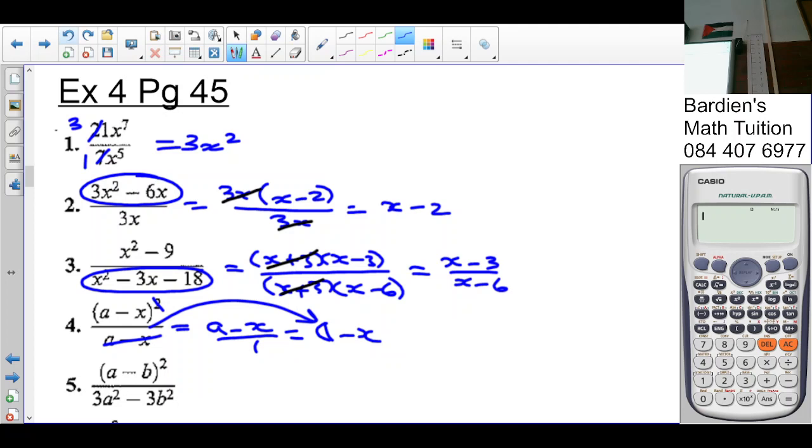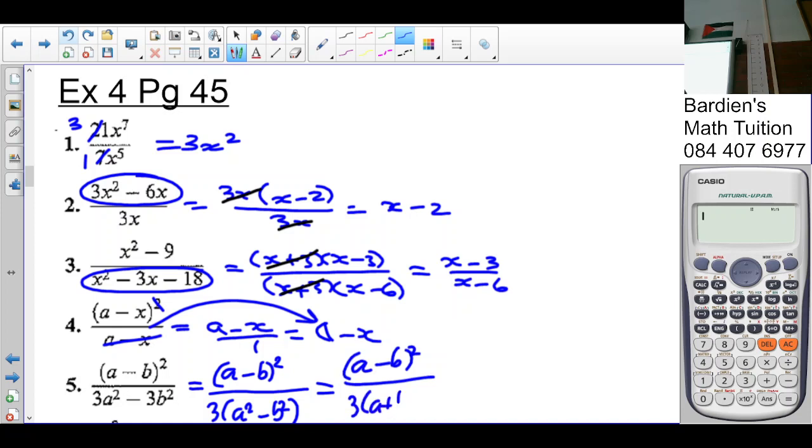Okay, people, number 5. What needs to be done here in the denominator? We take out the common factor of 3. Then I'm left with a squared minus b squared. Now looking here in this bracket, a squared minus b squared, what can be done there? It will be 3 into a plus b.